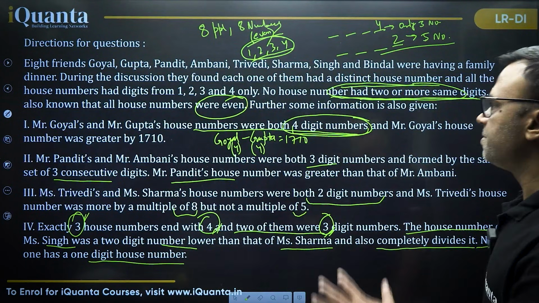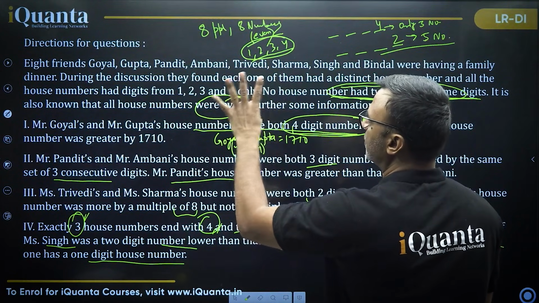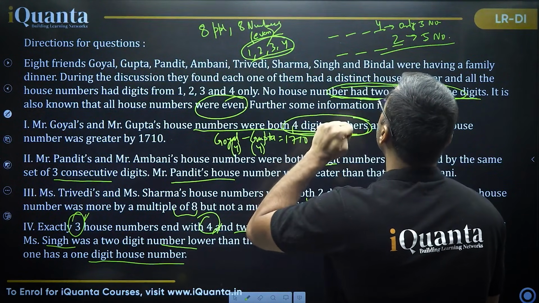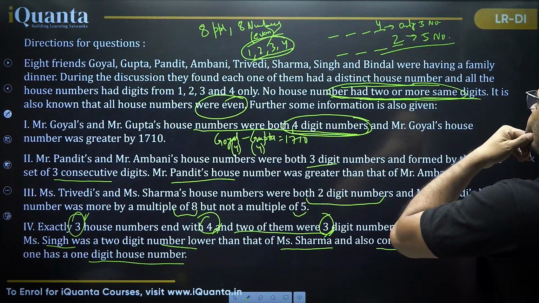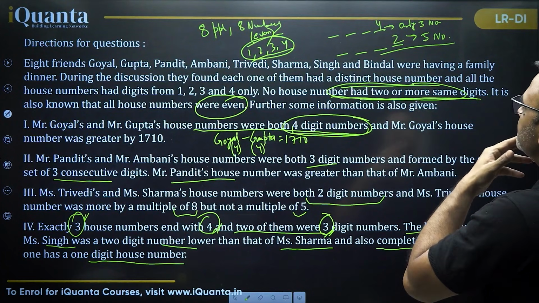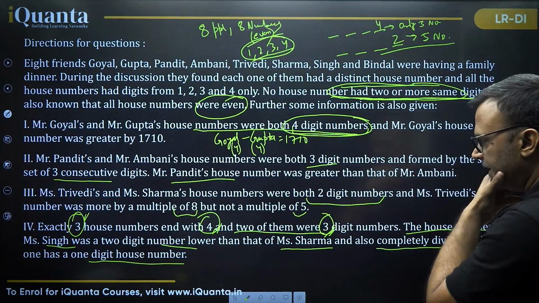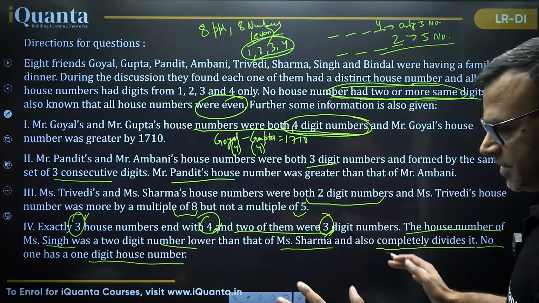Okay, so by now it is pretty clear that we will have either a 2-digit number or a 3-digit number or a 4-digit number. So if there are only 3 numbers ending in 4 and 5 numbers ending in 2, it's a very good combination by now, right?